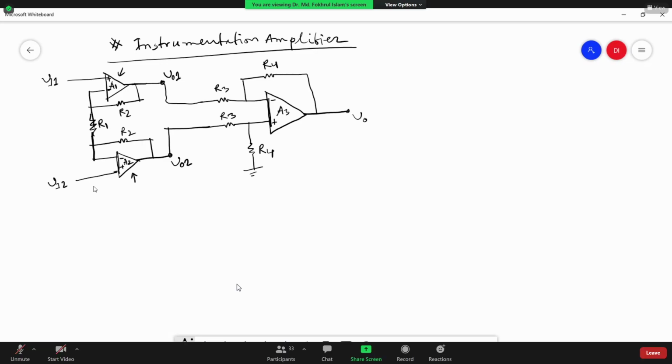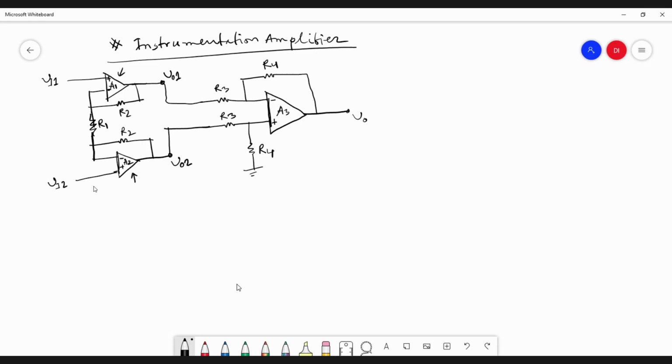So we can start our analysis using the virtual short concept. Using the virtual short concept, the voltage at the inverting terminal of each voltage follower is equal to the input voltage.